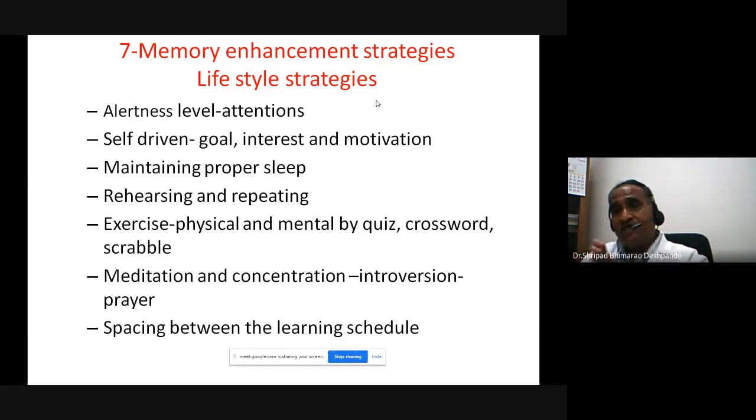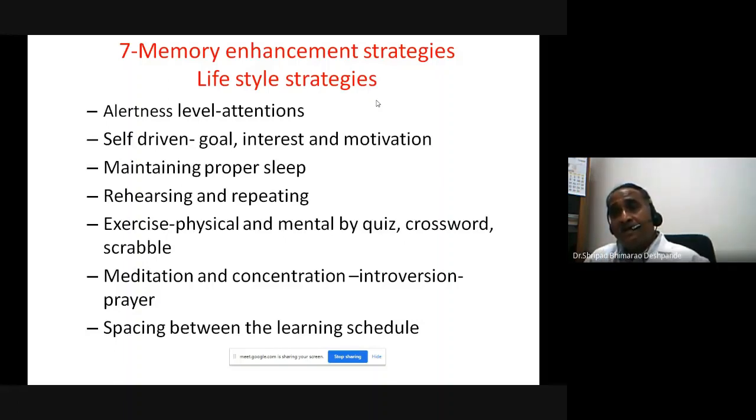And you always associate these things with cues, some emotional cues, which may be stronger to keep the memory intact. Then have proper physical and mental exercises, trying to develop a quiz for a particular pattern, or use quizzes for a particular level of learning, because that would enhance your memory and help you store and consolidate that memory better.